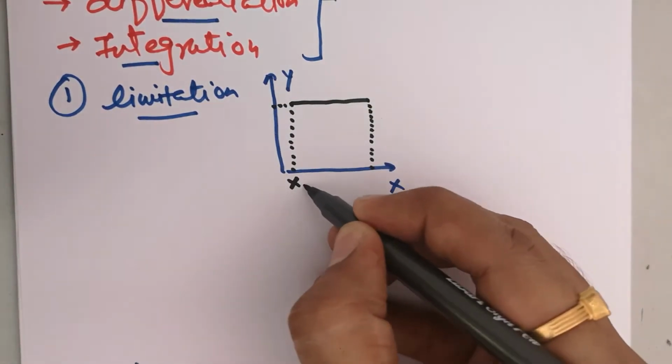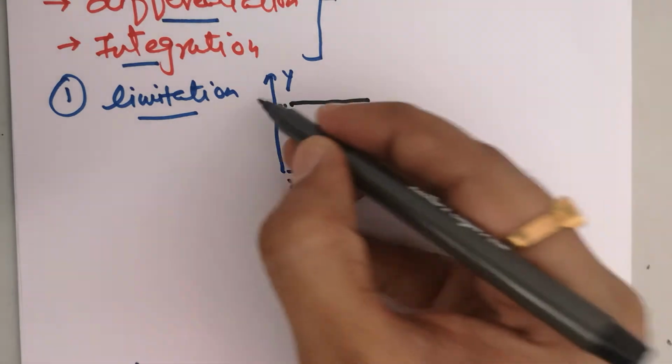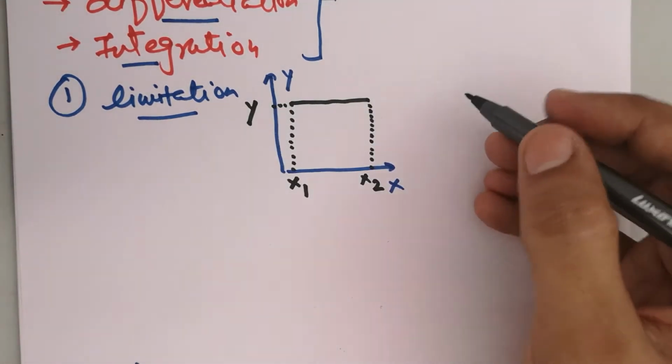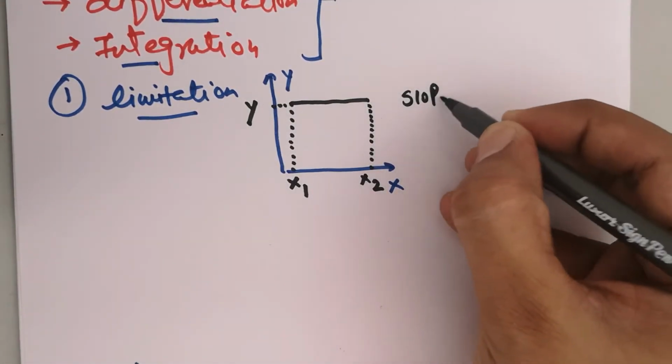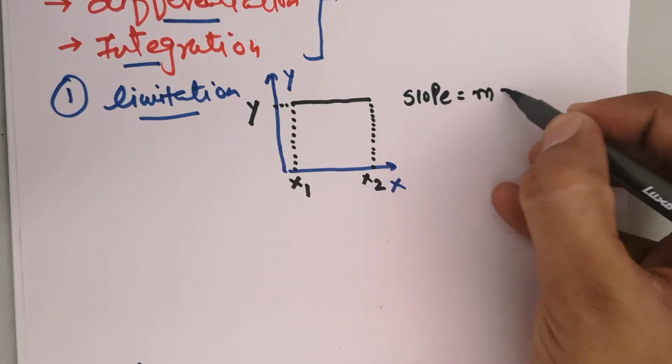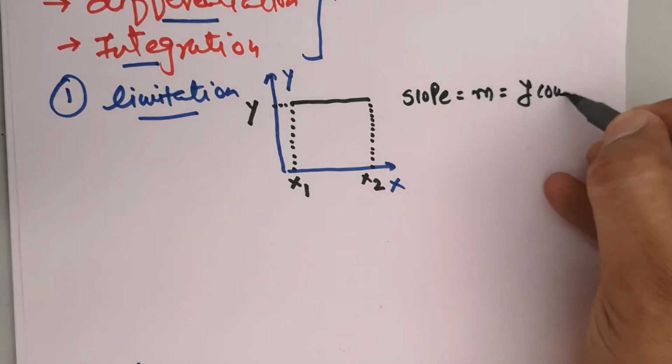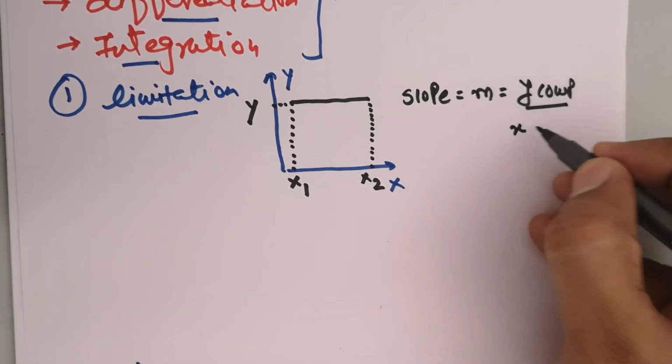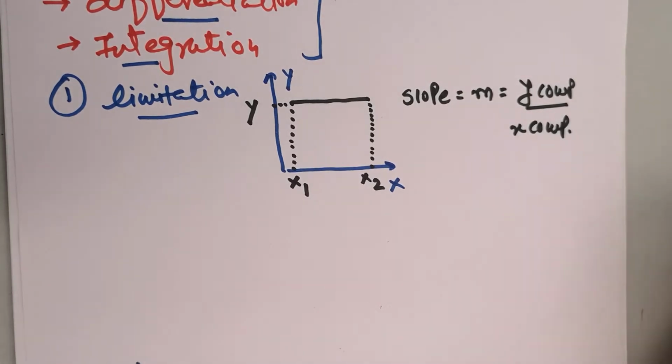This is x1 and this is x2, and this is y. As you are aware, that is called the slope. It is called m. It is the y component divided by the x component.